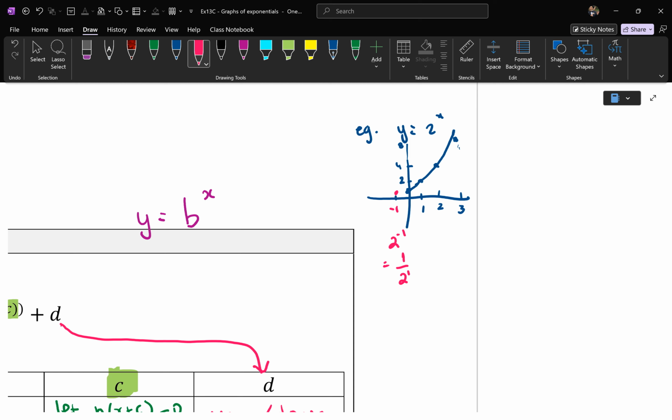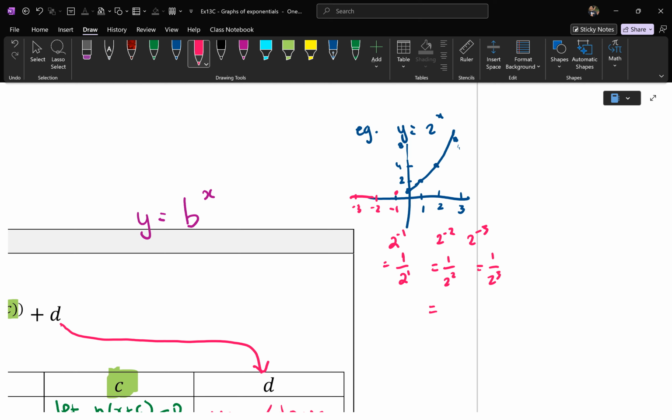But then the further I go to the left, if I go to negative 2 and then I go to negative 3, you're really just saying 2 to the negative 2, and then 2 to the negative 3. Each one becomes 1 over 2 squared, 1 over 2 cubed. Even though denominators are increasing, yes, that becomes 4, that becomes 8, that becomes 16, and double 16 is 32.